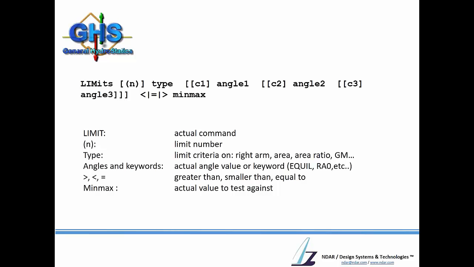And again, I will detail that just next. Then you would have to have an actual equal value, so whether it's greater than, smaller than, or equal to, and then an actual value. So for example, maximum writing arm should be greater than 0.5 meter. 0.5 would be the actual value to test against.